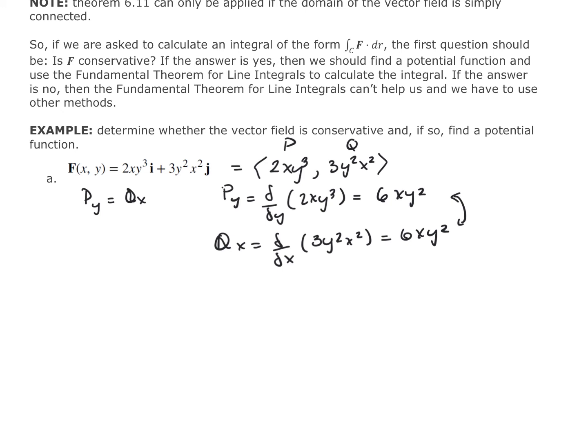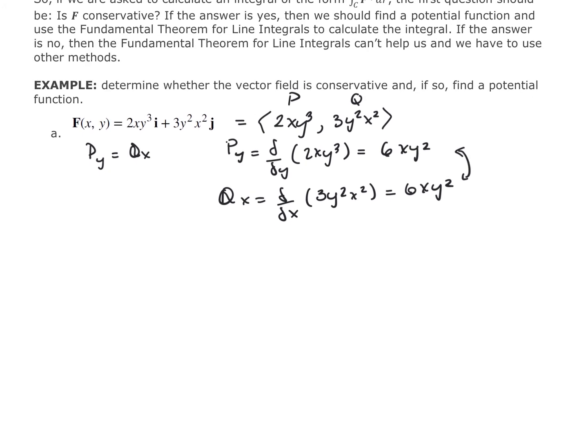So now what I'm going to do is find my potential function. We know f of (x, y) has to be the integral of P with respect to x plus some g of y.